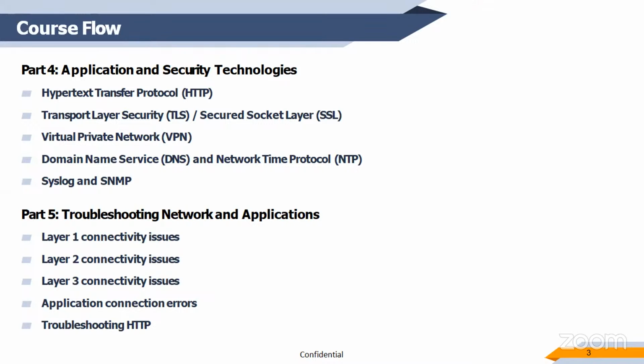And TLS and SSL, how exactly you can implement security as a part of your F5 web services. And VPN, F5 also provides VPN technology. We will go through an overview of VPN technology, but we'll not go into a deep dive to configure the VPN on F5 because it is not a part of your curriculum.